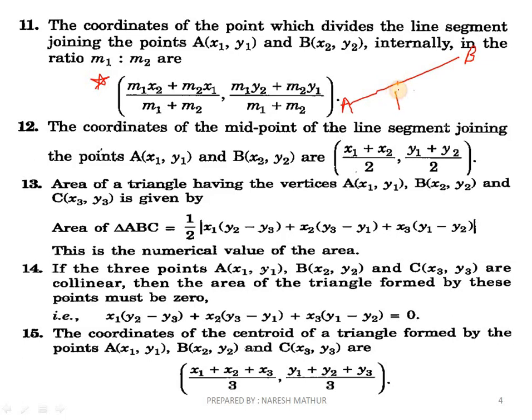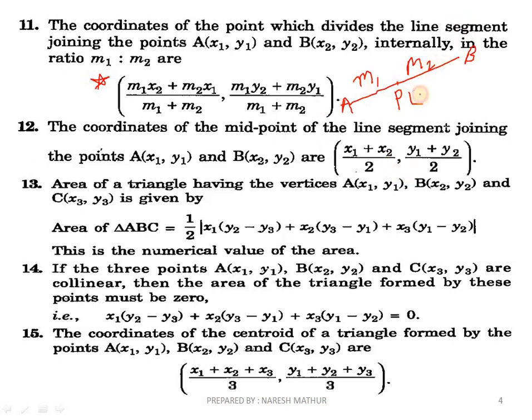Let's say point P is lying somewhere between A and B, and this point P is dividing the line segment AB into m1 to m2 ratio. m1 and m2 are numerical values. It can be 1:2, 3:4, or 5:7, any numbers. So let's say P is dividing the line segment in m1 and m2 ratio.